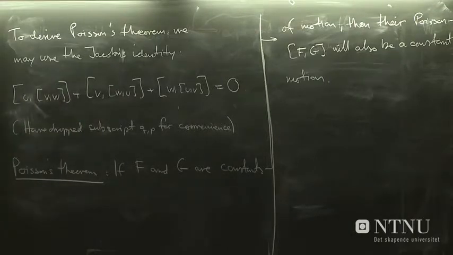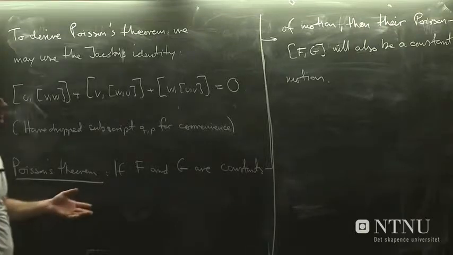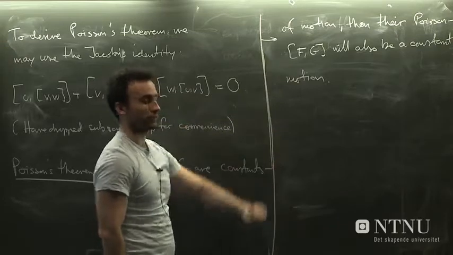If f and g are constants of motion, then the Poisson bracket of f and g will also be a constant of motion.